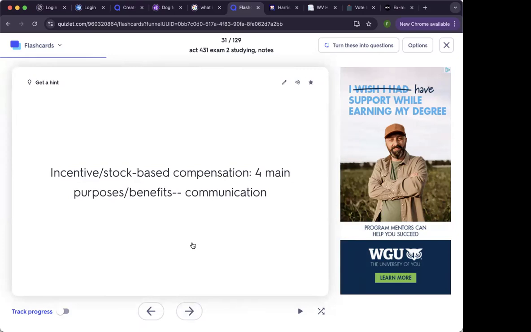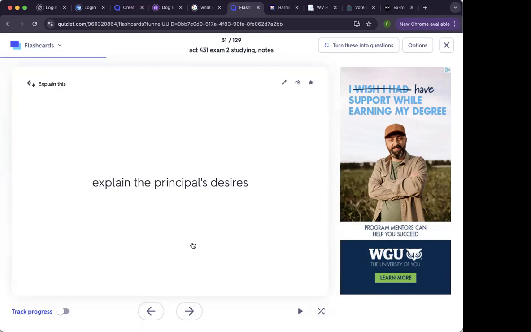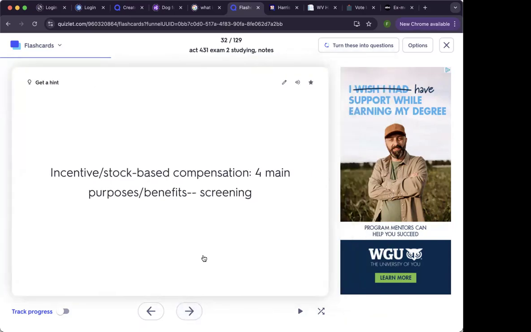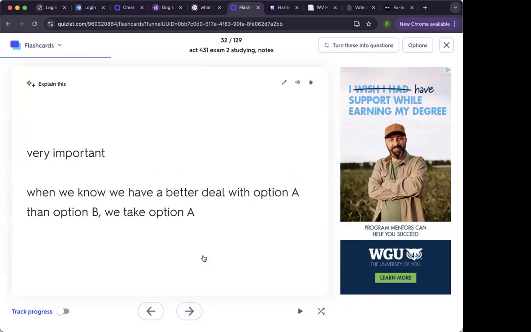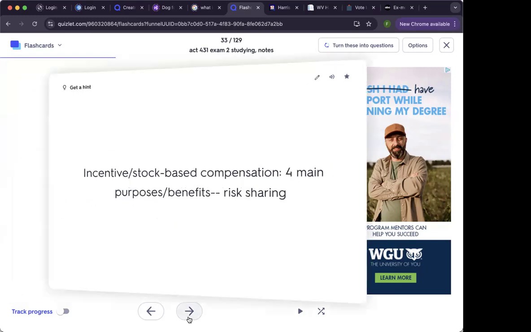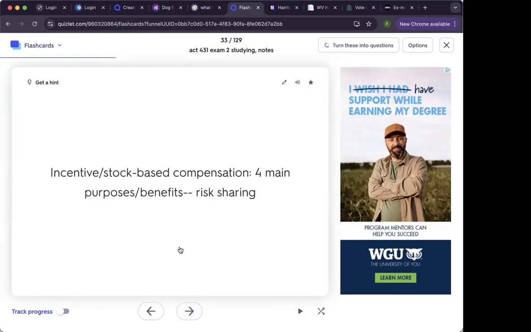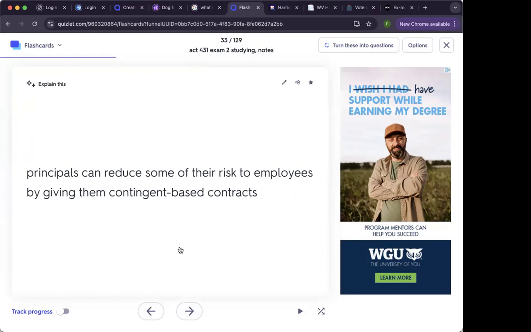Incentive stock-based compensation, the next purpose or benefit is communication, which means here that we explain the principal's desires effectively. Next purpose benefit is screening. It's very important because when we know we have a better deal with option A than option B, we want to take option A. Finally, last purpose benefit, risk sharing.